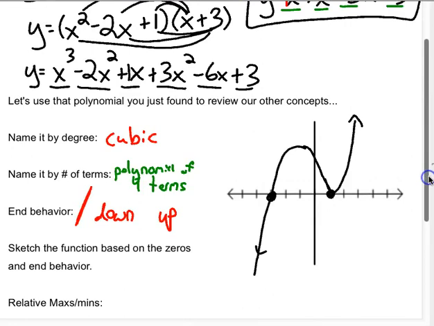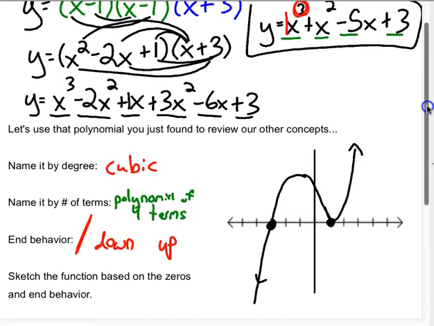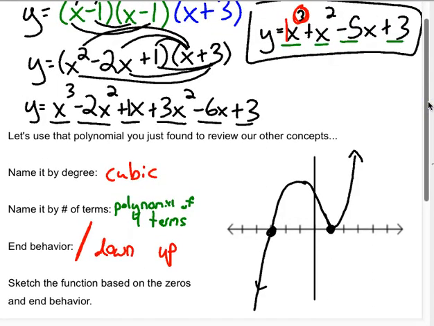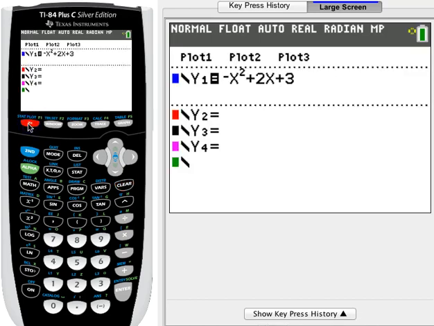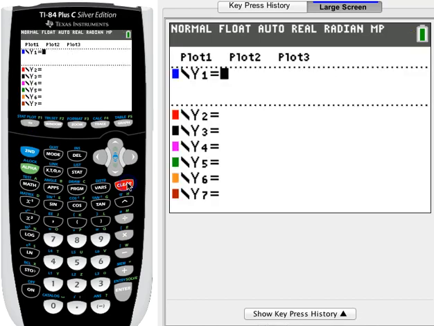Okay, so we also know how to find those relative maxes and mins. So I actually am going to go in my calculator and review that skill with you. If you go to y equals, clear out anything that's there, I'm going to type in my function.